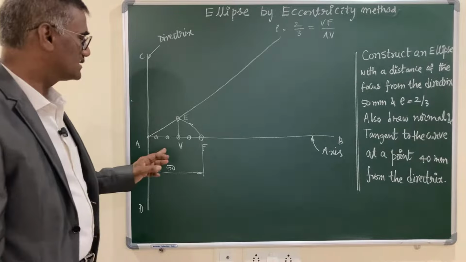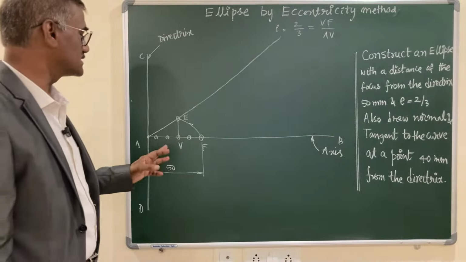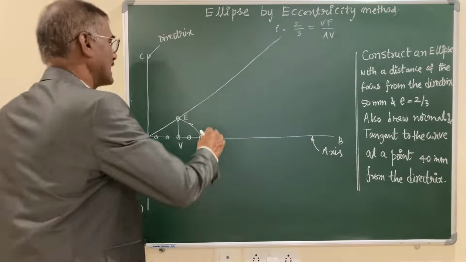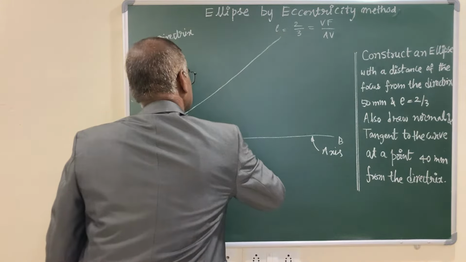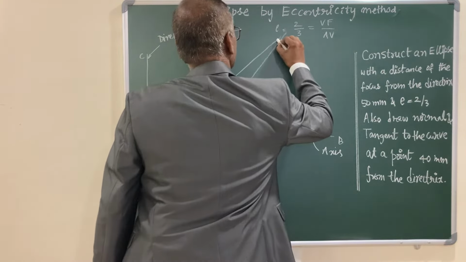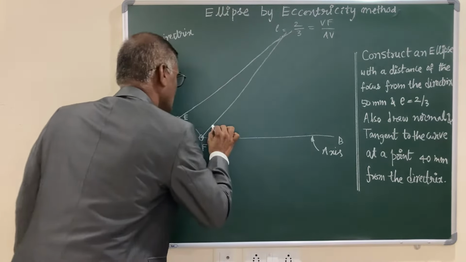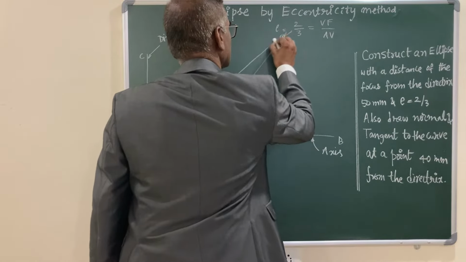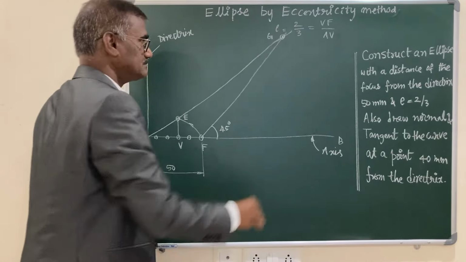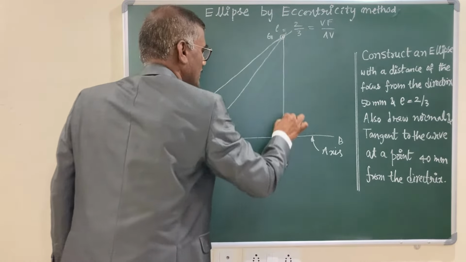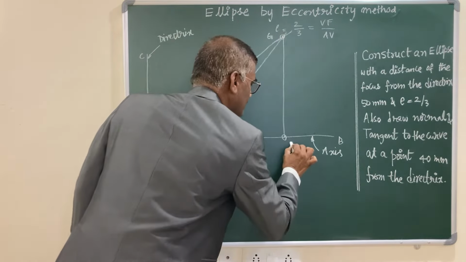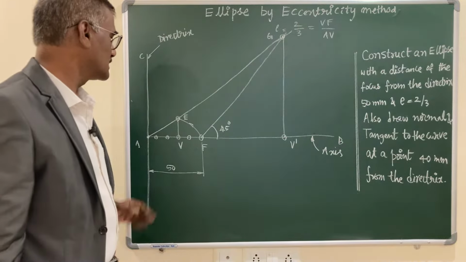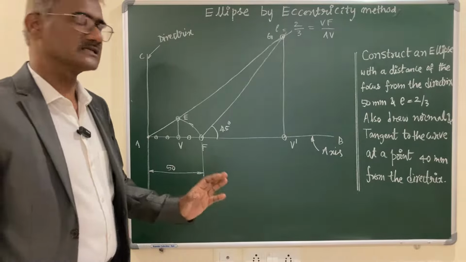Now to locate the other end of the ellipse, that is V prime, let us draw a line passing through F at an angle of 45 degrees. And the point of intersection, let us call it point G. Erect a perpendicular to the axis where it intersects the axis line, and that is your V prime. So that means you have located V and V prime, the ends of the ellipse.